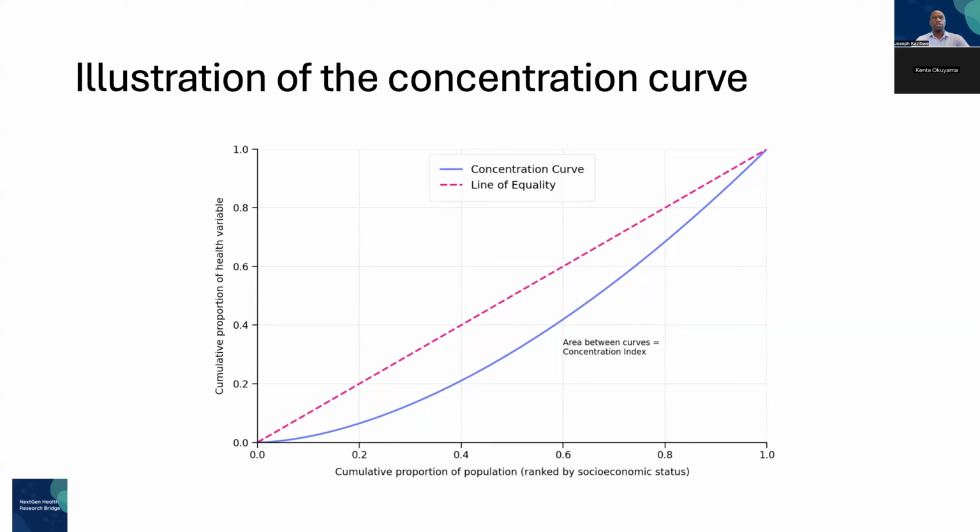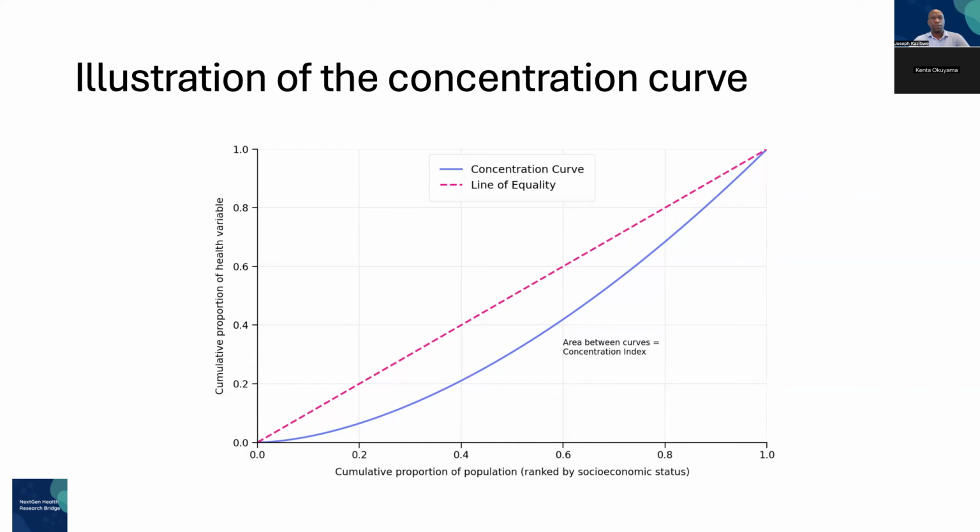And then the concentration curve, which is the line in purple, shows us the distribution of the benefit within the group of interest. And the benefit is shown in proportions.